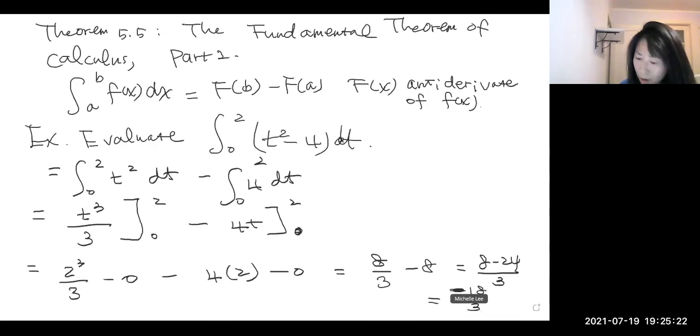So we get the negative. This means below the x-axis. Because of definite integration, we talk about the area under the curve, right? I think it's negative 16 over 3. Yeah.